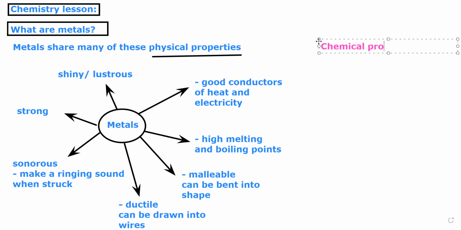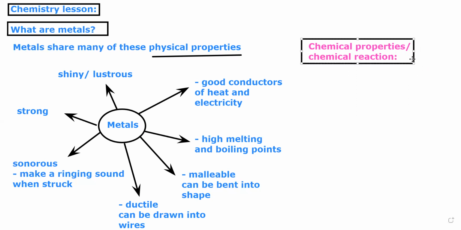Chemical properties, or we can say chemical reactions. Keeping in mind that non-metals are right opposite of it. Metals are good conductors of heat and electricity; non-metals are poor conductors. Metals have high melting and boiling points; non-metals have low melting and boiling points.